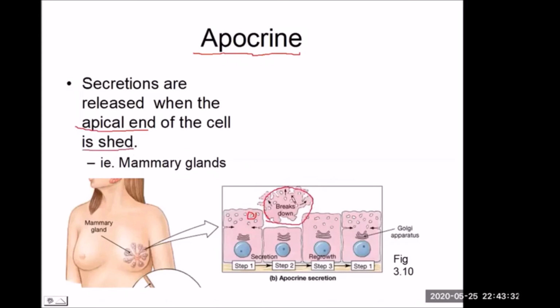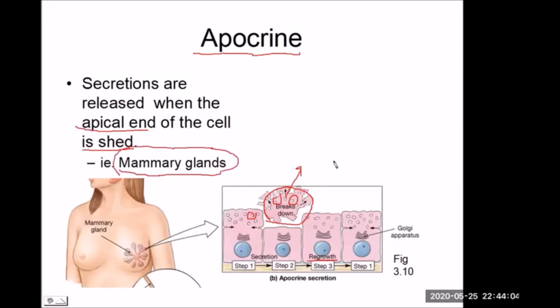And now all of the contents that were built up in this region are flowing into the pores. And of course, there are little fragments of the cell itself. So this does damage a portion of the cell, but the cell can repair itself and do this process throughout its lifetime. An example of a gland that uses this process is the mammary glands and their release of breast milk.